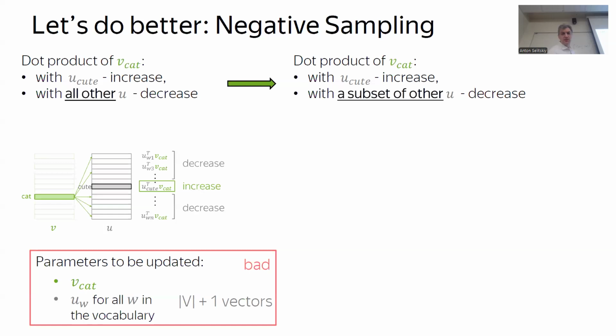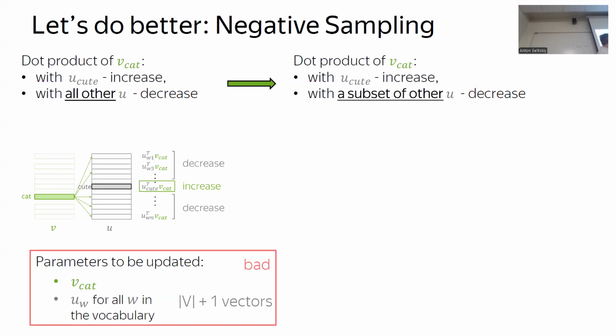And here is the idea of the optimization. It's called negative sampling. The idea of negative sampling was, instead of using in our denominator all the words from the vocabulary, just use some k words.